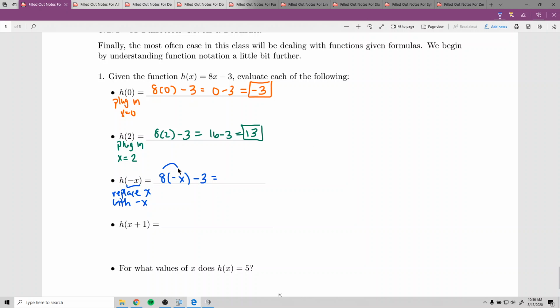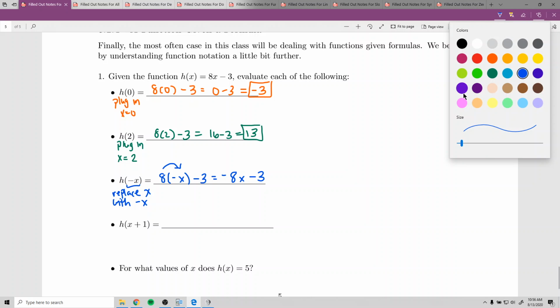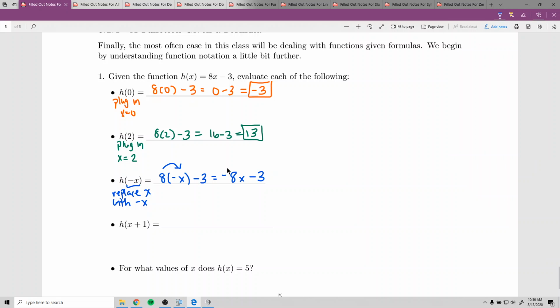Simplify this, distribute the 8 through, so you get negative 8x minus 3. And you're not going to get a number when there's a letter here. You're going to get a formula with that letter. And it's negative 8x minus 3 for this one.